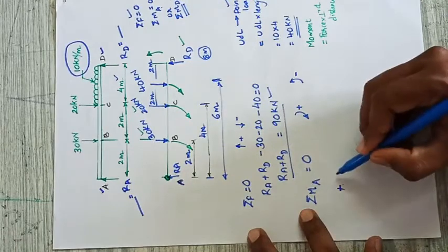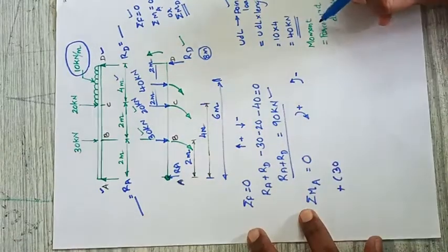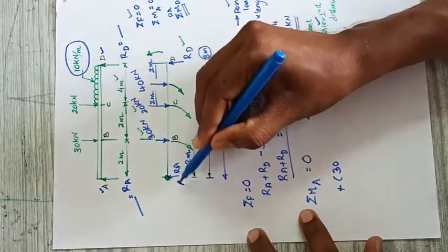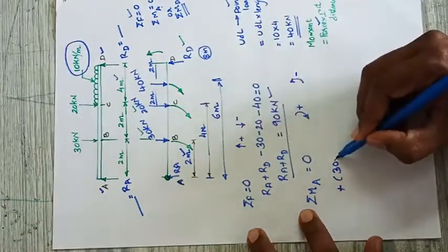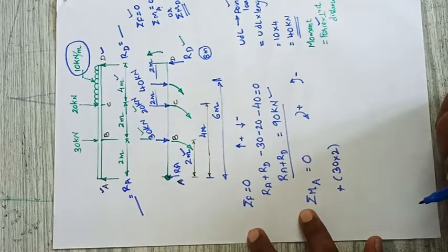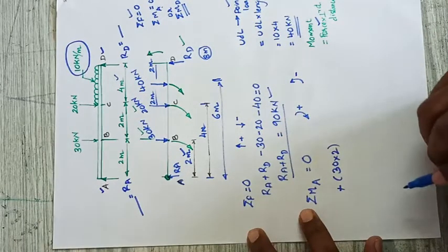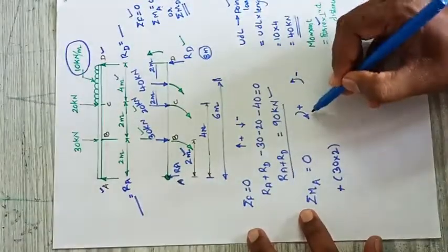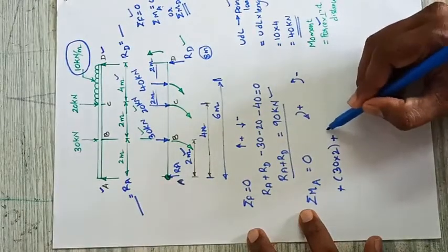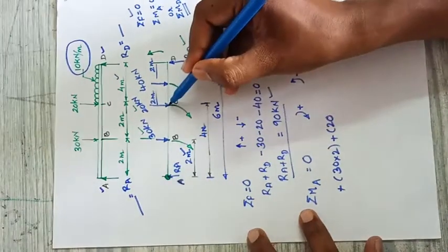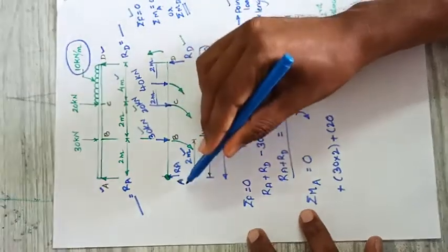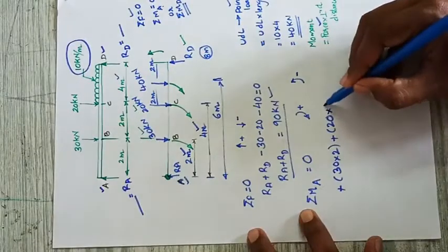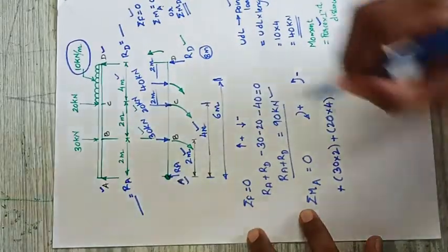I will write 30 force and then the perpendicular distance from the point of application B to A, which is 2 meter, so 30 into 2. Next is 20. Again it is acting clockwise, and I have taken clockwise as positive. 20 into the distance from C, the application, to the reference A, which is 4 meter, so 20 into 4.